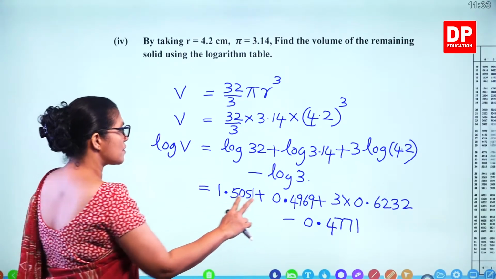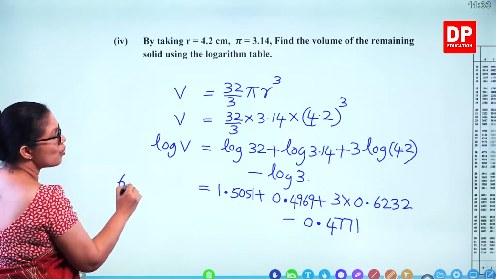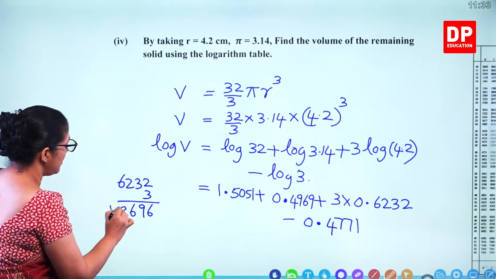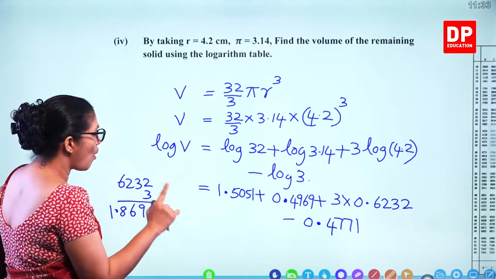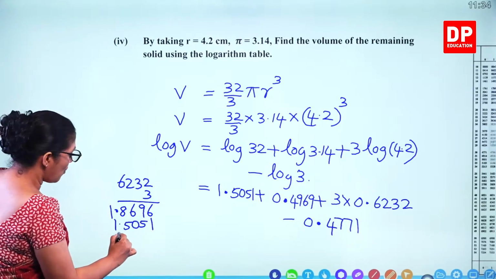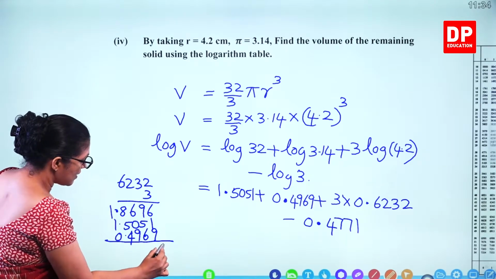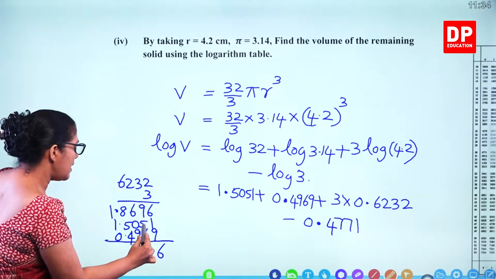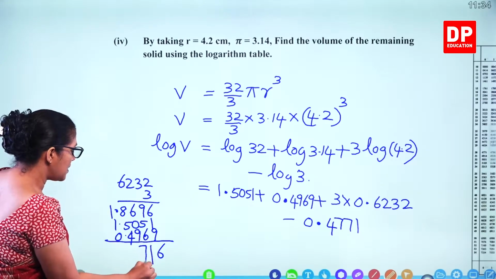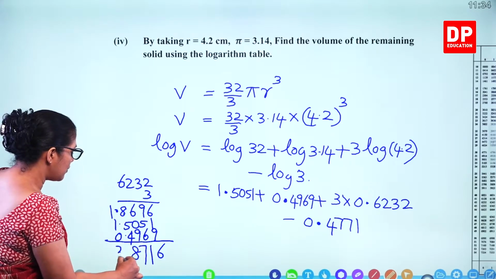Now add, first multiply by 3 and then add it and then subtract finally. So 6, 2, 3, 2 multiplied by 3, 6, 9, 6, 18, so 1 point something. Now add all the values. 1.5051, 0.4969. Add all. 16, 1 remaining, 10 and 6, 16, 20, 21, 2 remaining, 8, 8 plus 9, 17, 1 remaining, 9 plus 5, 14, 18, 1 remaining, 3.